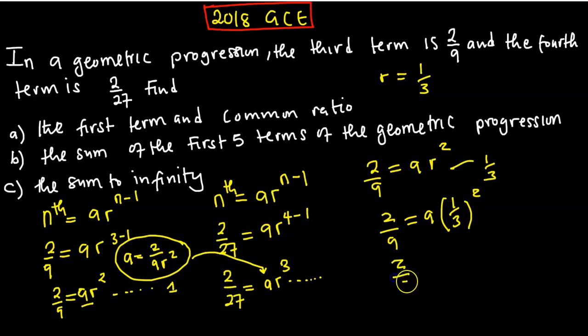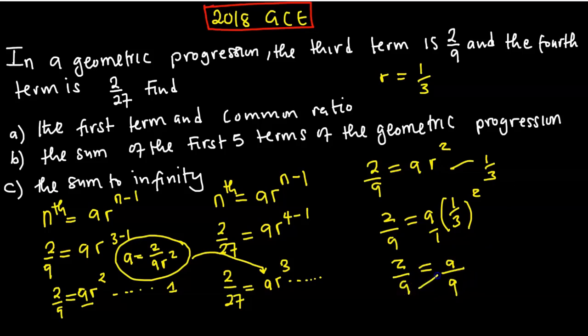So 2 over 9 is equal to A, 1 to the power 2 is 1, so A multiplied by 1 is just A, then divided by 9. So this is 9. Please, you should be able to distinguish A and 9.